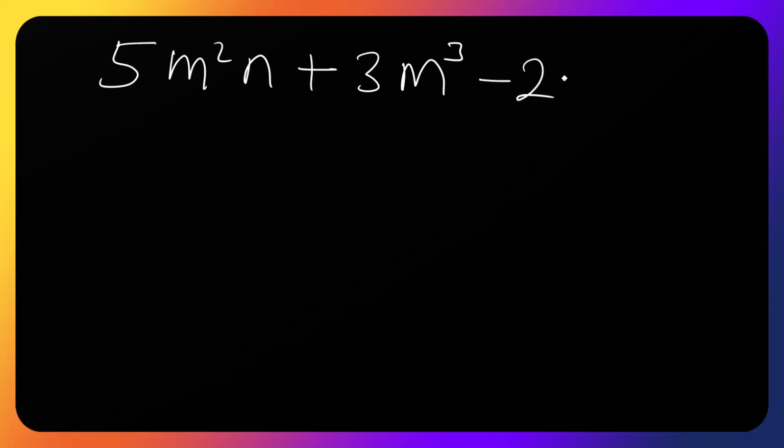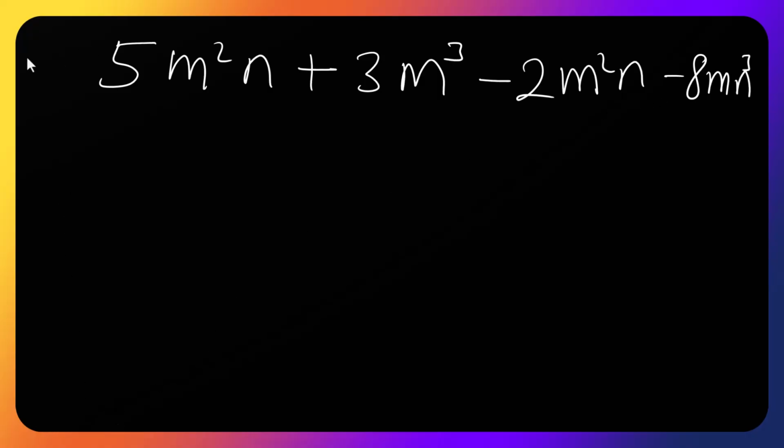Now try this one. 5m squared n plus 3m cubed minus 2m squared n minus 8m n cubed.